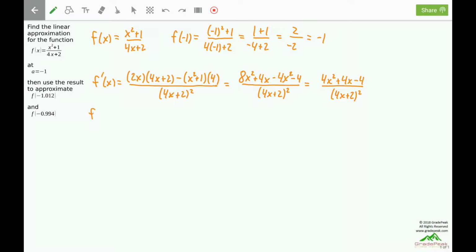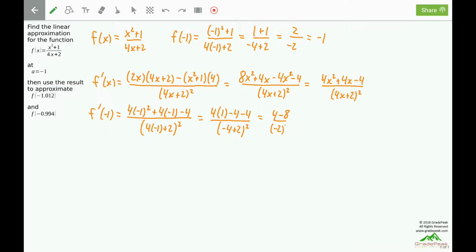And then evaluate f prime also at the a value of negative 1, which comes out to 4 times negative 1 squared plus 4 times negative 1 minus 4, all over (4 times negative 1 plus 2) squared. 4 times negative 1 squared is 1. 4 times a negative 1 is a negative 4, and then minus 4, all over 4 times negative 1 is a negative 4 plus 2, squared. 4 times 1 is a 4, and then minus 4 minus another 4 is a minus 8, all over negative 4 plus 2, which is a negative 2 squared. 4 minus 8 is a negative 4.